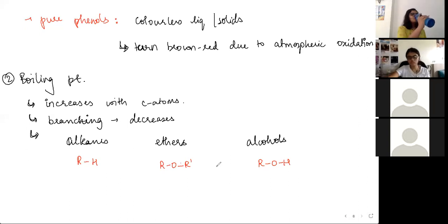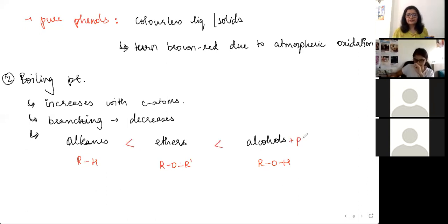Ether. Zero hydrogen bonding. What about alkanes? Oh, alkanes. I thought that was alcohol. So I wrote alcohols, ethers, and phenols, sorry. Alkanes, then ethers, and then alcohols. Yes. So this would be alcohols.